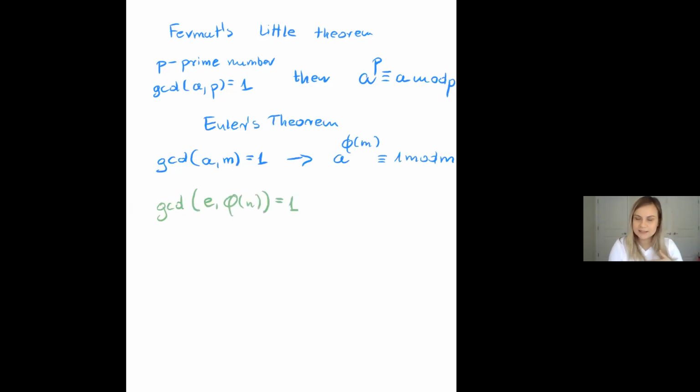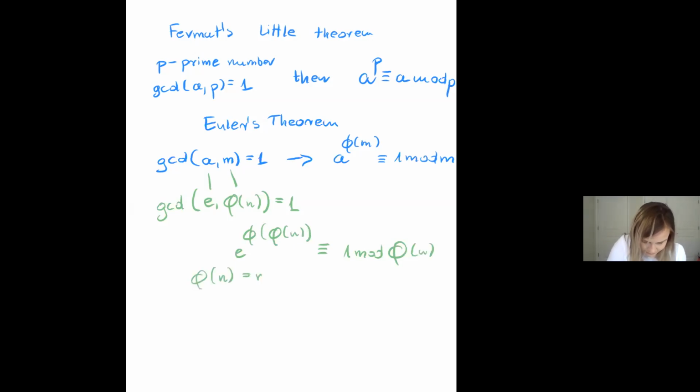What that means is that we replace A by E and we replace M by phi of N. So our theorem with those names for RSA will look like this: e to the power phi of n is congruent to 1 modulo phi of n. And it's easier to work with m. So let's call phi of n m. And in our case, it was 792.